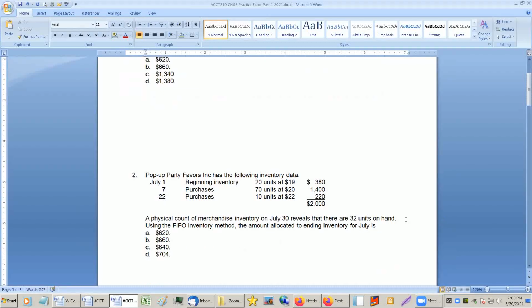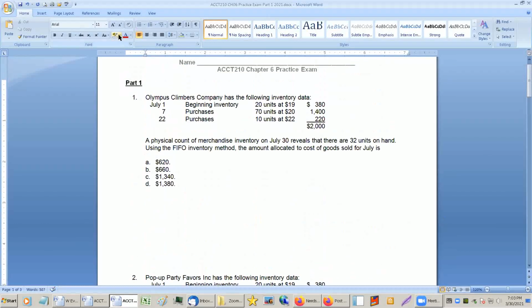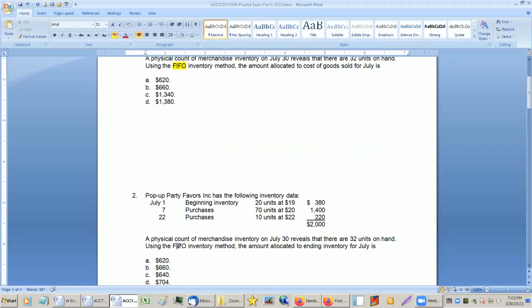A couple of things I want to highlight before we get started: these are both FIFO on this first page.